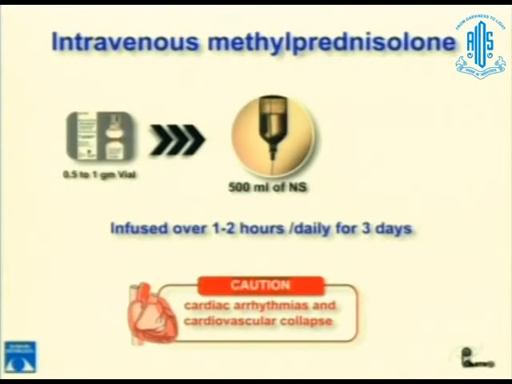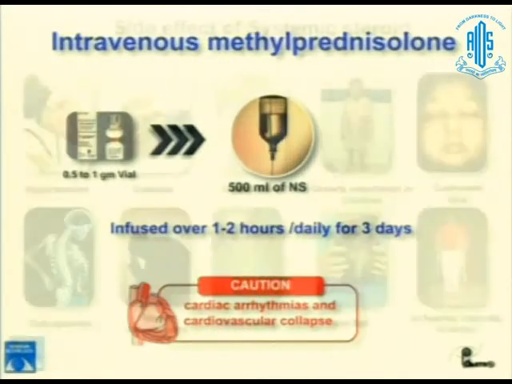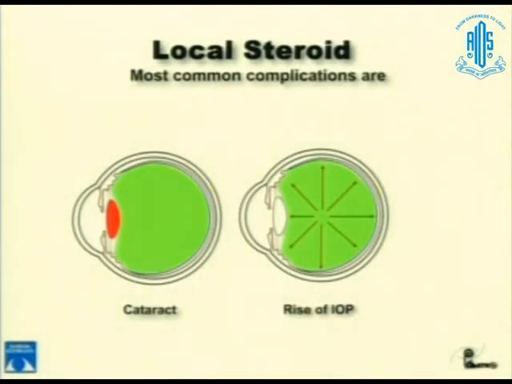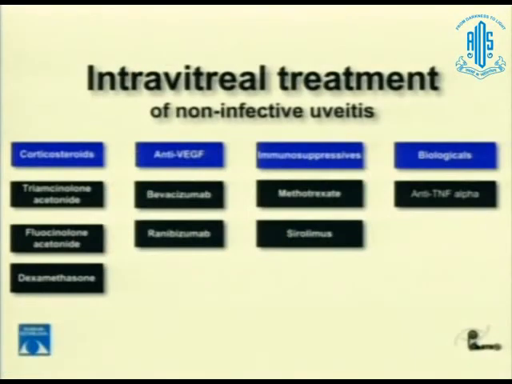So we have intravenous methylprednisolone, which is very effective in treating visually threatening uveitis cases, but it has significant side effects like cardiac arrhythmia or cardiovascular collapse. There are a lot of side effects of systemic steroid. And local steroids are most commonly known to cause two significant side effects: cataract and a rise of intraocular pressure.